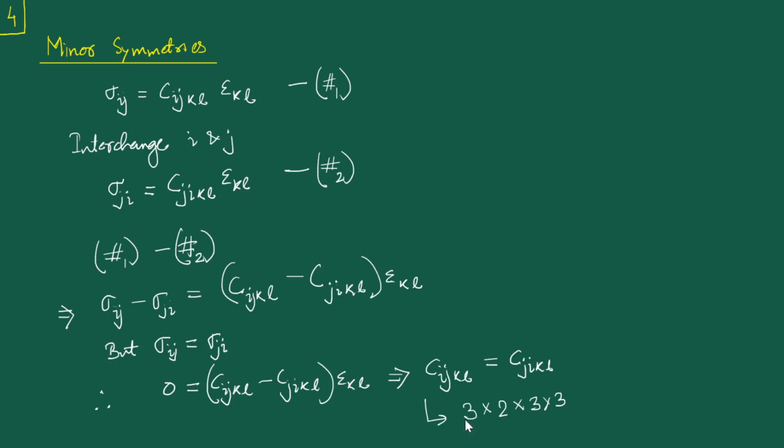Suppose you had i equal to 1 here and j equal to 2 here, it is exactly the same thing as 2 here and 1 here. If 1 2 were not the same thing as 2 1, that would have been a permutation. But here C12 Kl is the same thing as C21 Kl, whatever the K and L may be. So that interchangeability tells us that this is a combination.